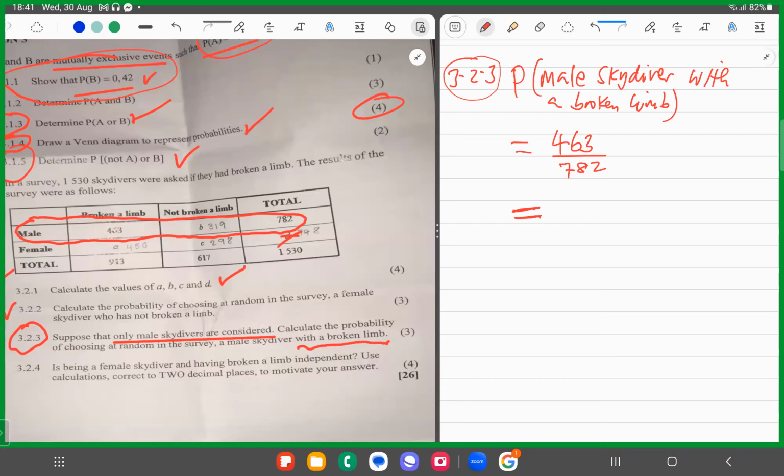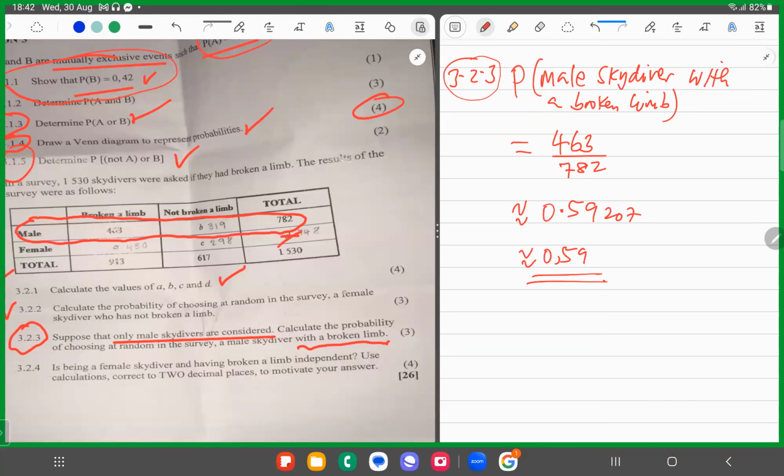You can use your calculator to get the decimal equivalent, but it's not quite necessary. Sometimes you can leave your answer in this form, 463 divided by 782, because we're looking at only males here. That will be approximately 0.59207, approximately 0.59.